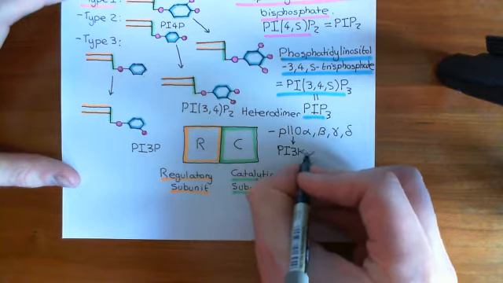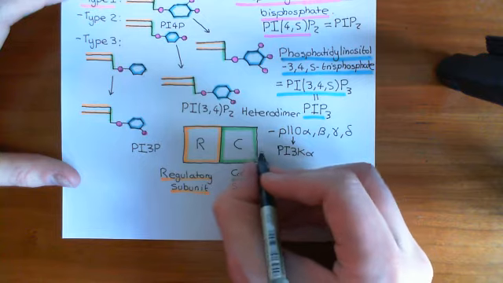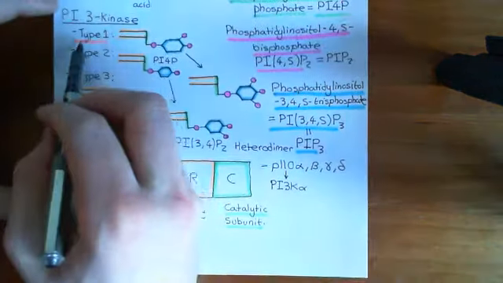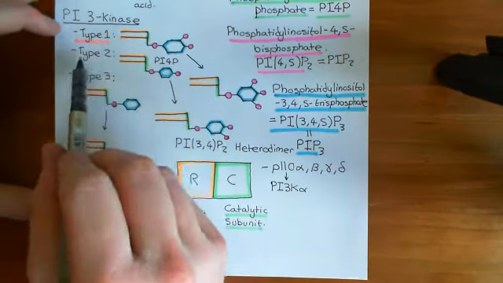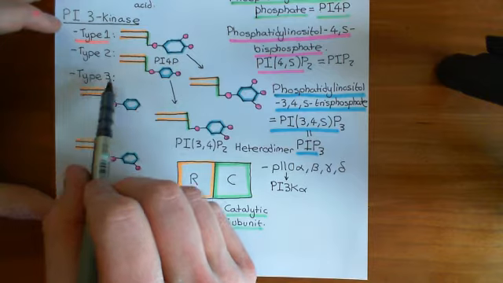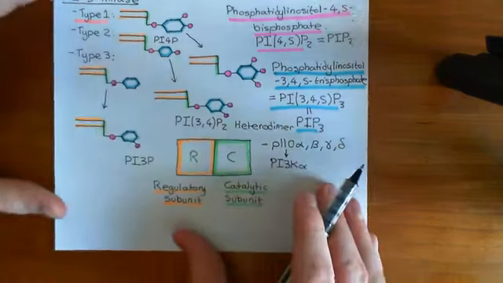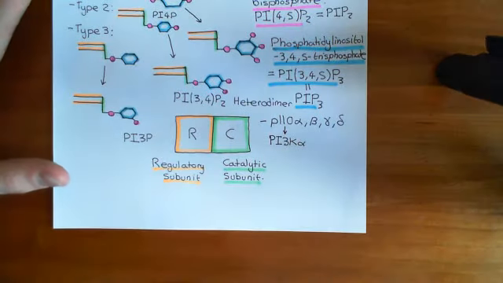Now often people will drop the type 1 and just call it PI3 kinase alpha. So if you don't specify which type of PI3 kinase you mean, people will assume that you mean type 1 PI3 kinase. If you're talking about a type 2 or a type 3, which very rarely people are, you should specify that. But if it's a type 1, you can get away with dropping the type 1.